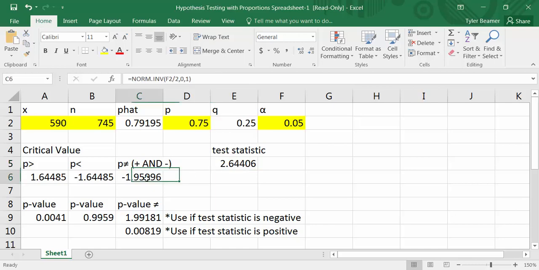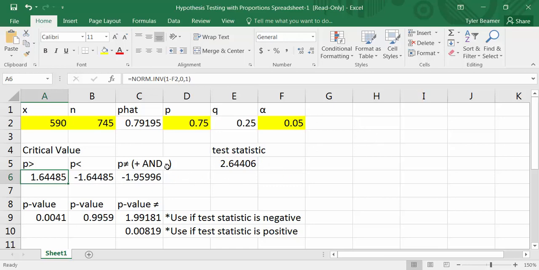Okay, and so these are actually the critical values, excuse me, that I have listed here. So these are the z-scores from the normal distribution that would give us exactly an area of 0.05, which is our significance level. So basically the critical values are separating the boundaries here between what's acceptable and not acceptable in regards to our significance level of 0.05.